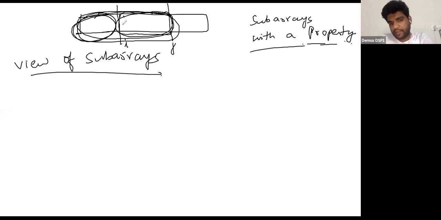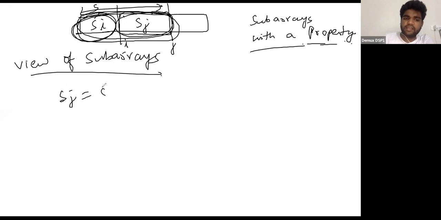And this is Sj, this entire thing is S, and this is Si. So Sj is basically nothing but S minus Si. And this view of the subarray is something that helps us a lot.